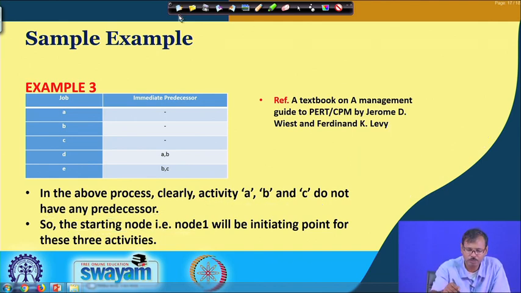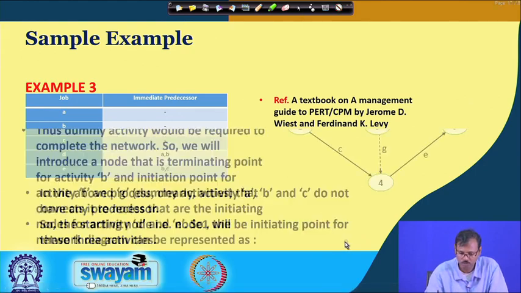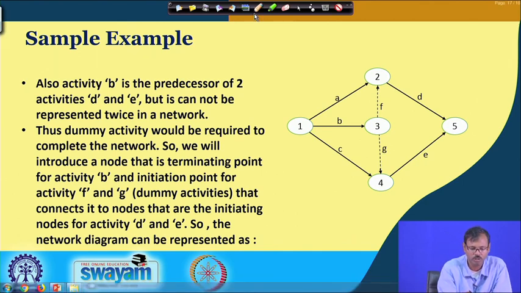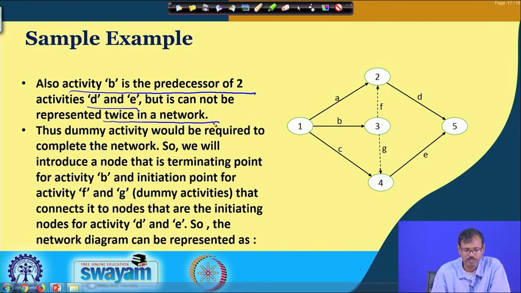So, basically we have to look into the predecessorship of these activities to find out how we can construct this. So, activity B is a common predecessor for both D and E. So, it is represented twice in the network.